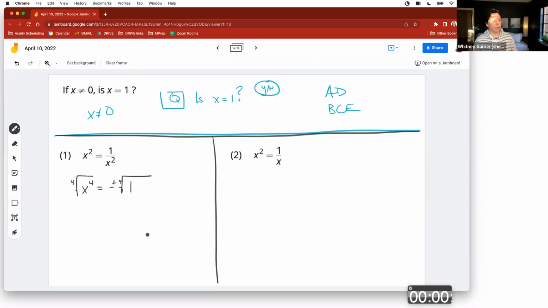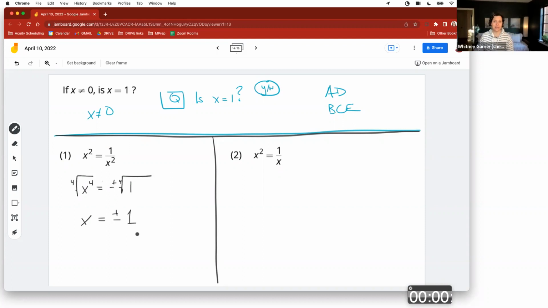So what is the fourth root of 1? In what number times itself 4 times would give me 1? Well, the fourth root of 1 is just 1. I just have to remember the plus minus from this former exponent term. So I have x is equal to plus or minus 1.